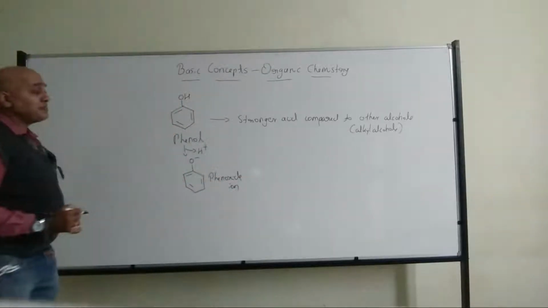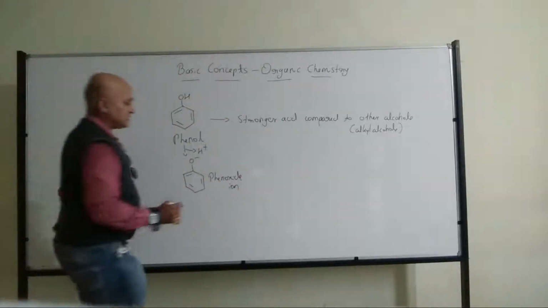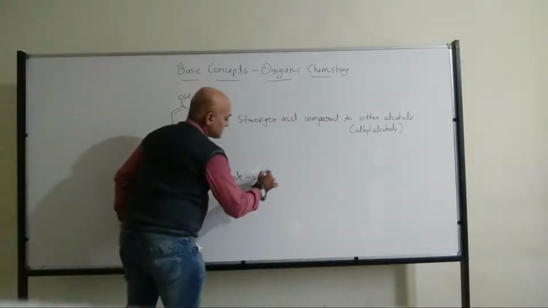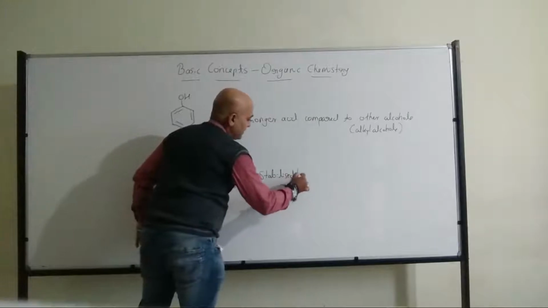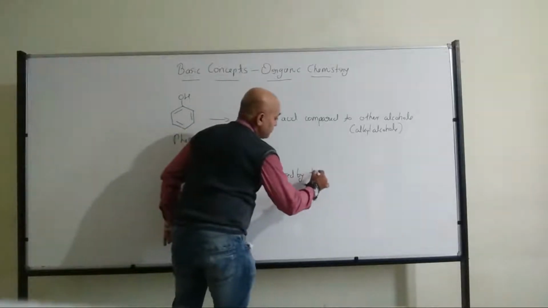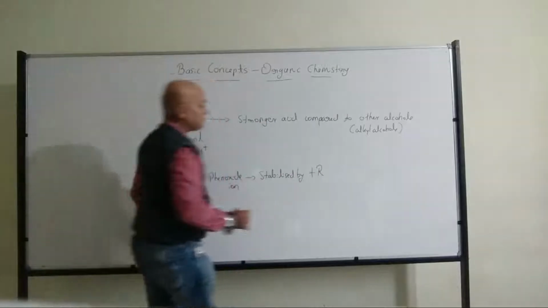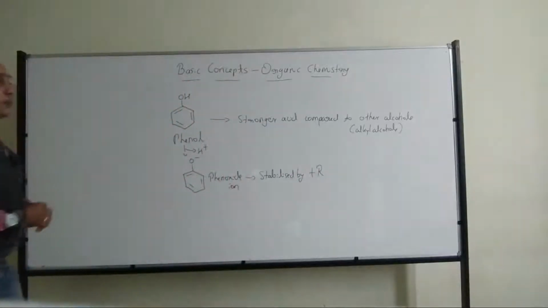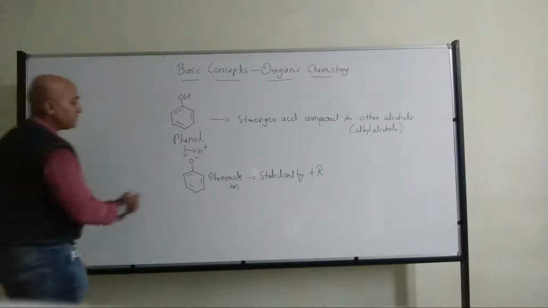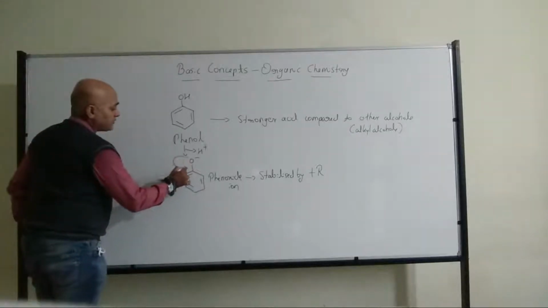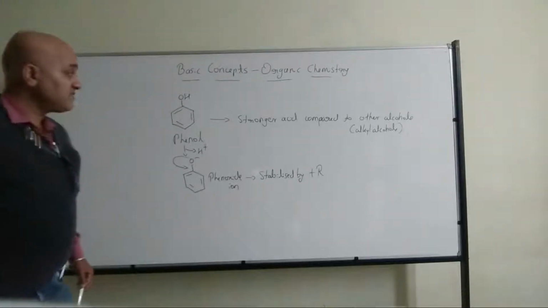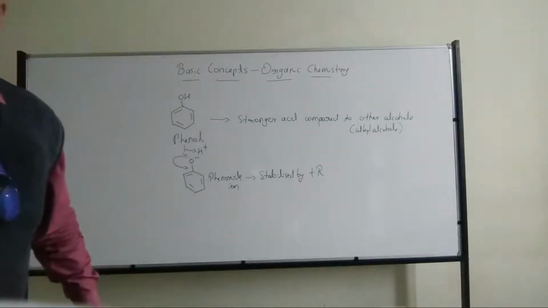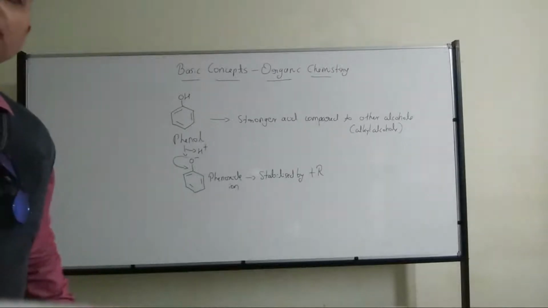This will be stabilized by resonance, by positive resonance to be more specific. The movement of the electron will be from the oxygen, that is from the substrate, towards the ring. So that's why it will show the positive resonance. All of you have understood?